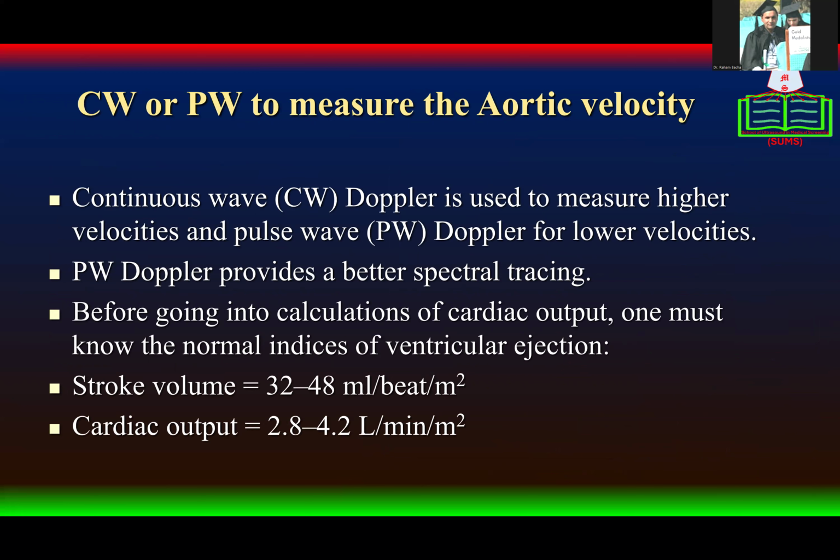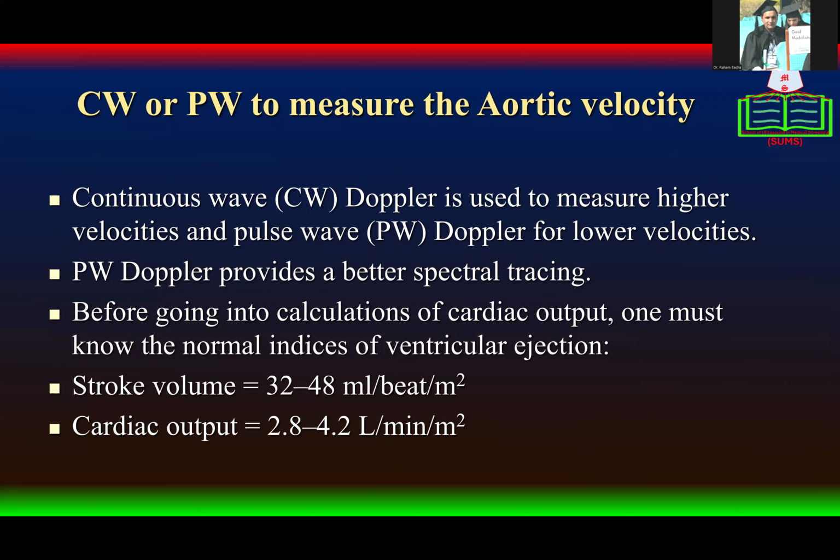Continuous wave Doppler was used for high velocity blood flow, but nowadays with the help of high PRF settings in the power Doppler, there is no more need of continuous wave Doppler for high velocity blood flow, because pulse wave Doppler can even measure a velocity of 800 to 1000 centimeters per second.